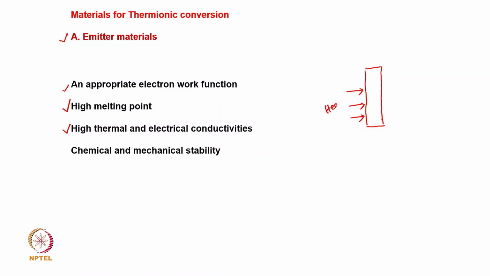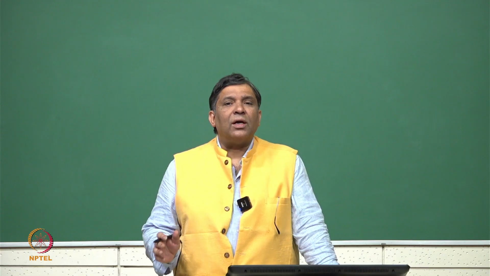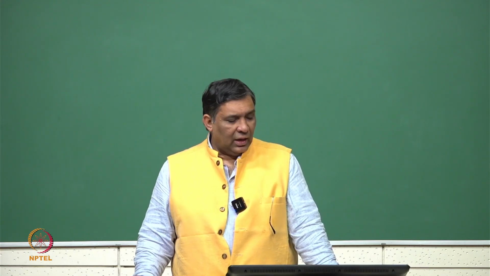We provide heat energy to the emitter material, and this heat should be conducted properly in the material, so that it can eject electrons properly. Okay. And the flow of electrons is also important, because these electrons are collected in the collector material and they are again coming back. All right. So, electrical conductivity of the material also should be high.